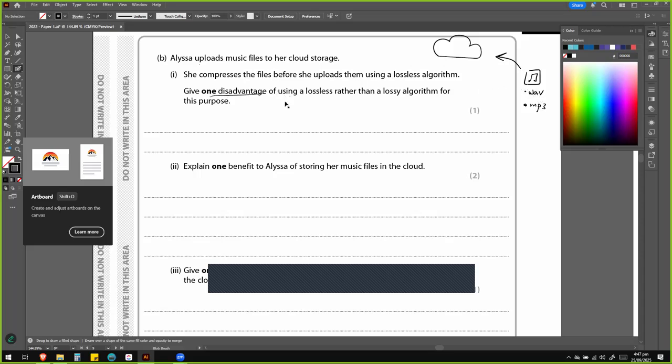You have one disadvantage of using a lossless rather than a lossy algorithm for this purpose. Obviously, lossy means that we are going to lose some data. Losing data means we might lose some of the quality of the sound, but we will reduce the file size. That's the advantage. It might upload faster and take less space. But when you work with a lossless algorithm, like a WAV file, it's going to take more space.